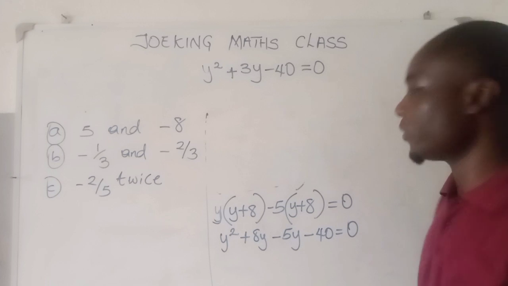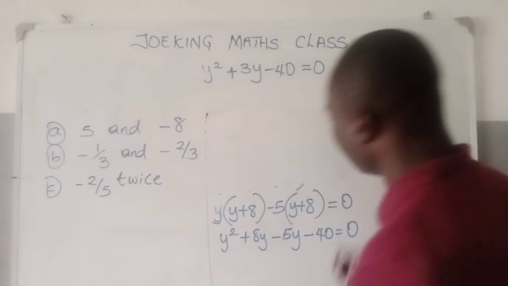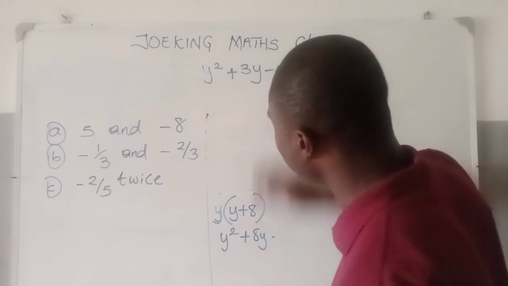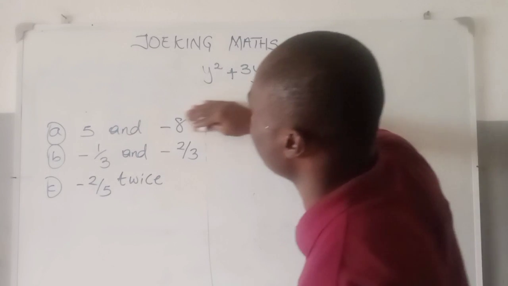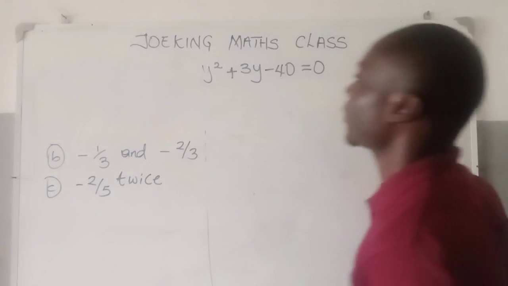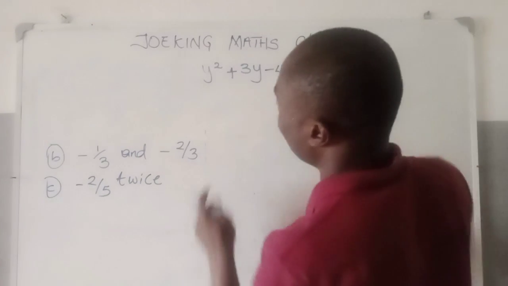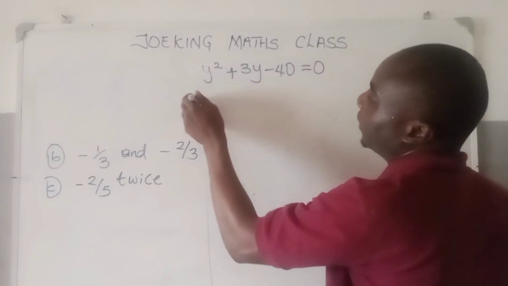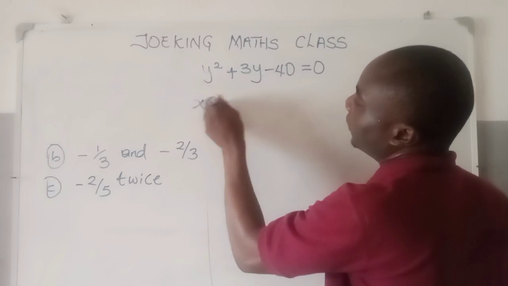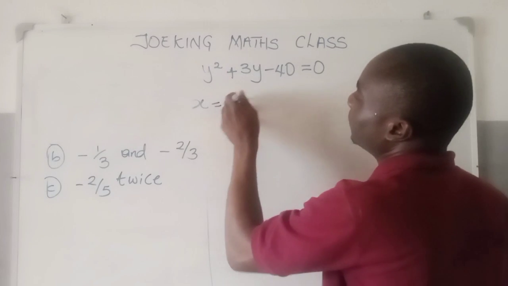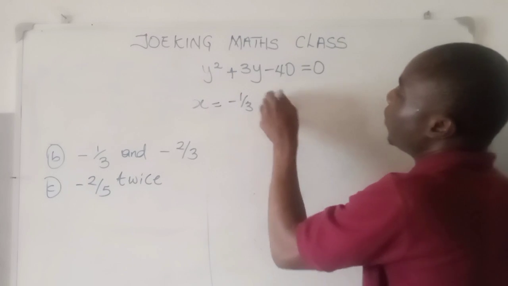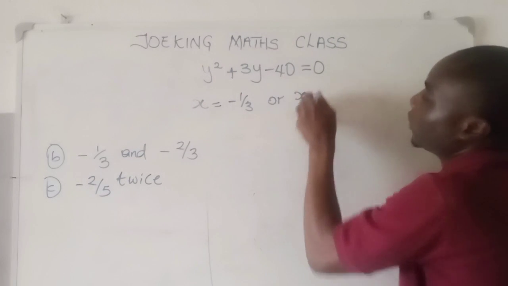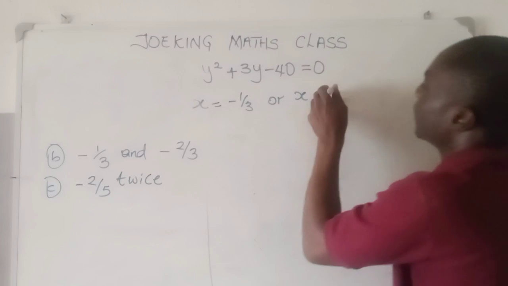So for the next question, we're going to do the same thing. We can pick our unknown variable as x for the second question. So let our unknown variable be x. We can say the value of x is equal to minus 1 over 3, or x is equal to minus 2 over 3.